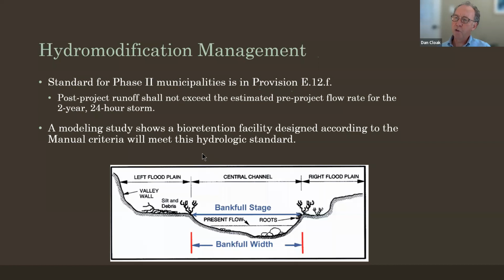That is why you are not seeing it in instructions or requirements. As long as we follow the requirements for treatment controls for implementing LID as they are in the manual, this requirement is met, and we don't have to pay more attention to it. But thank you for indulging me in a little explanation of that status and where it's coming from.